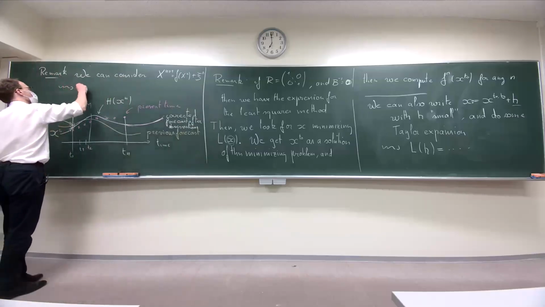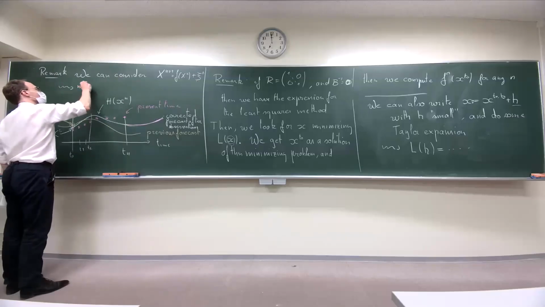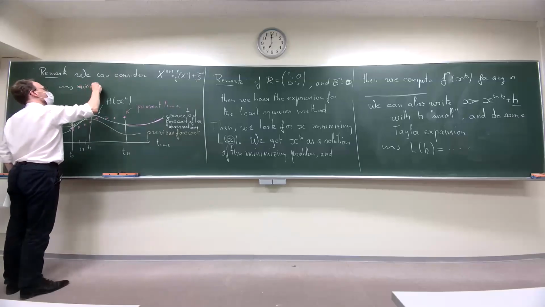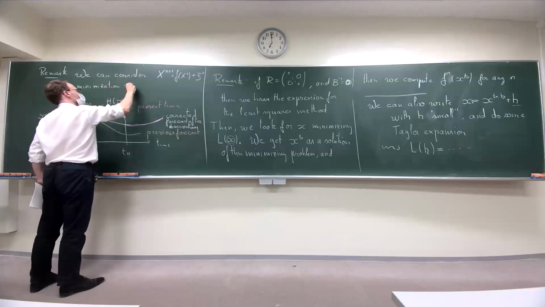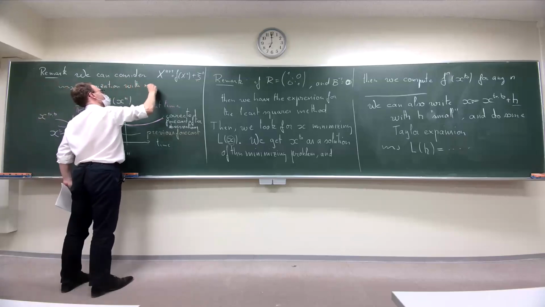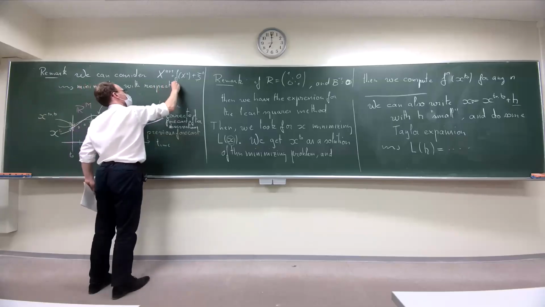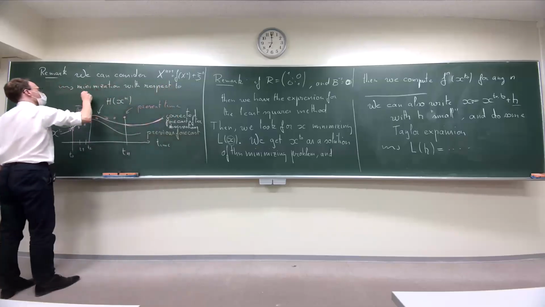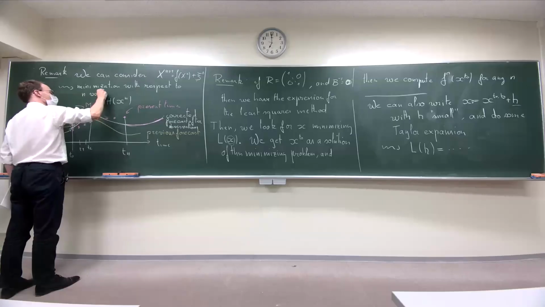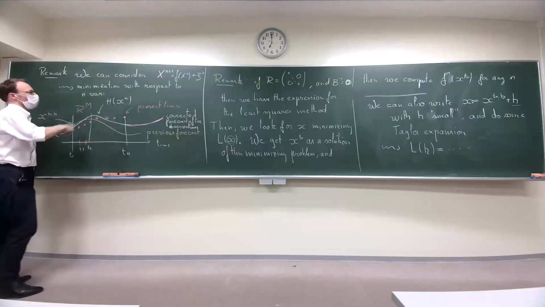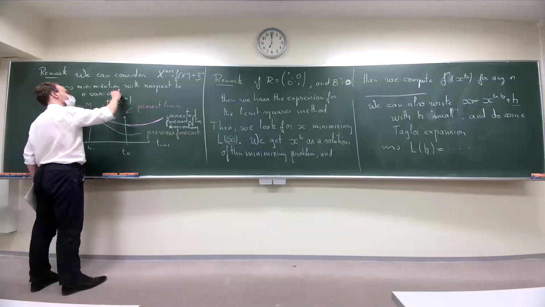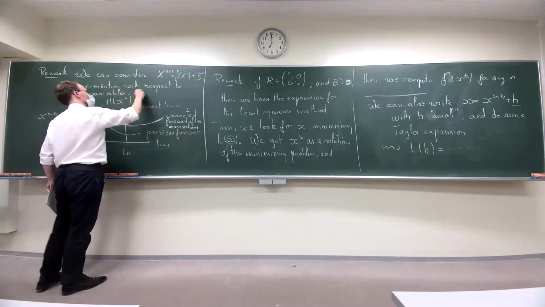So minimization with respect to n variables. N is how many observations, so the size of the window. N variables, and this is more complicated.